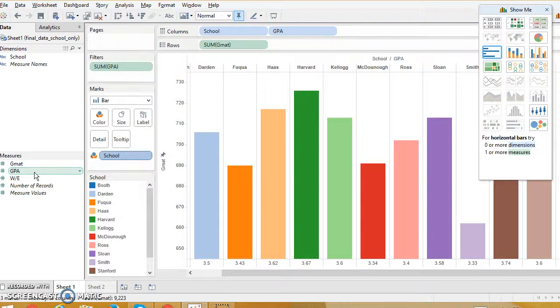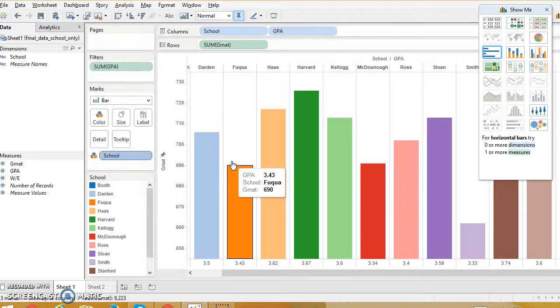I also used the school dimension to mark and filter different colors, as well as to show a legend, so each school is correlated to its own color. For my columns, I used school and GPA, and for my rows, I displayed the GMAT scores.